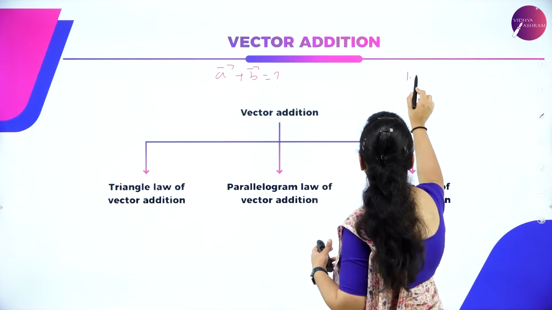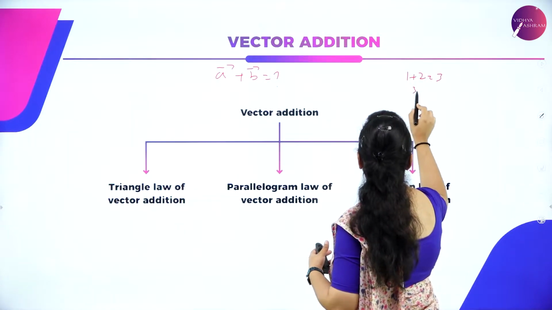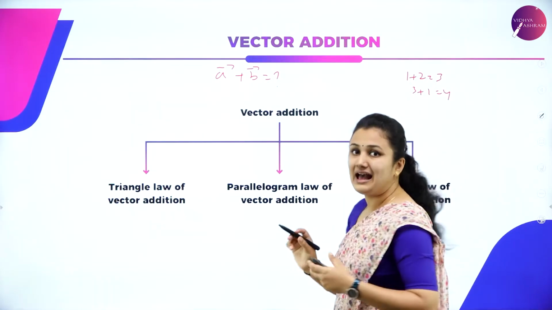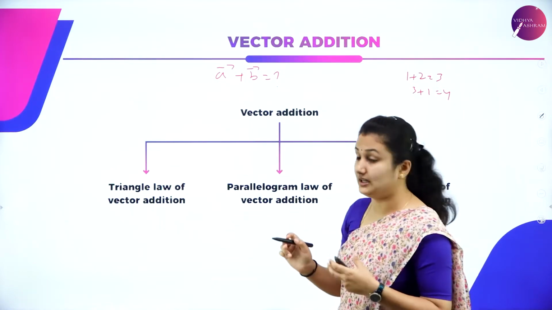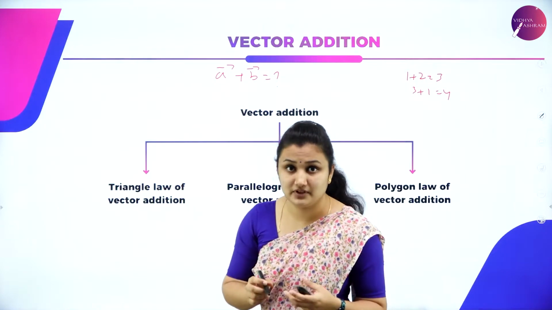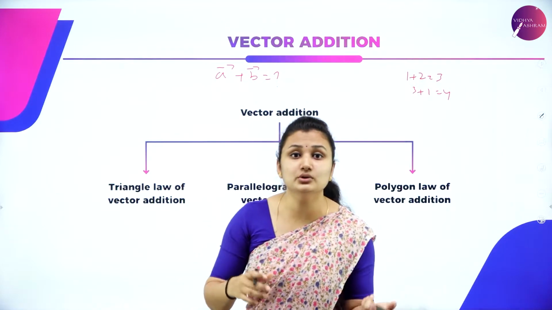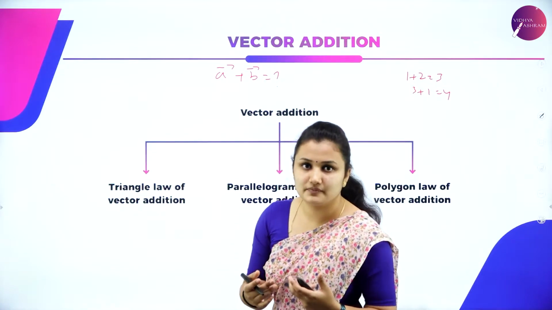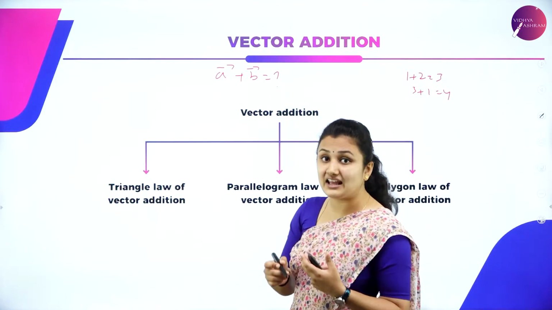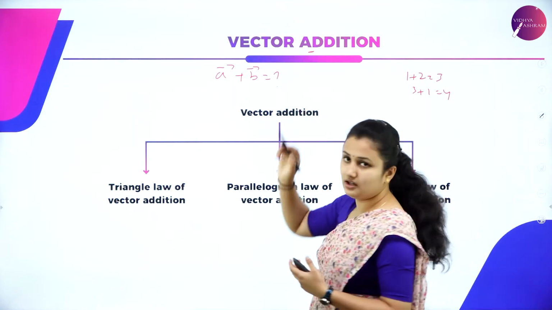You can add 1 plus 2, it is 3. 3 plus 1, it is 4. You can add scalars easily. So you can add the magnitudes easily. But how will you add vector? Vector depends on both magnitude as well as direction. I can easily add the magnitude. But how will you add the direction when you talk about vector addition?